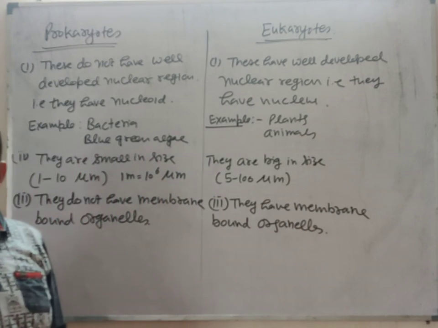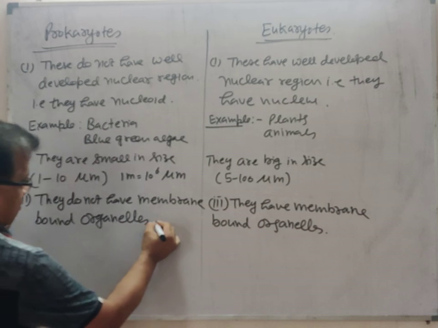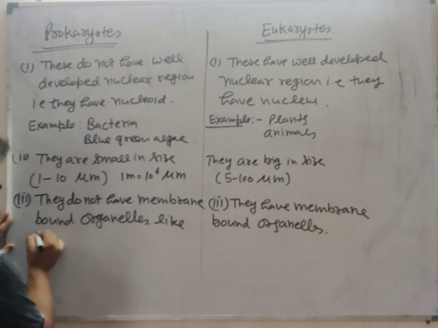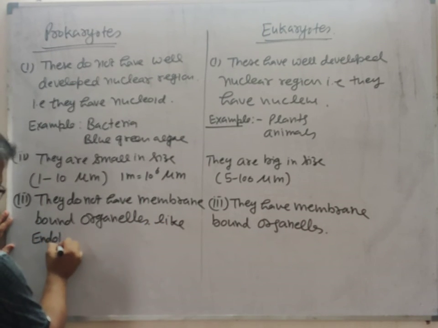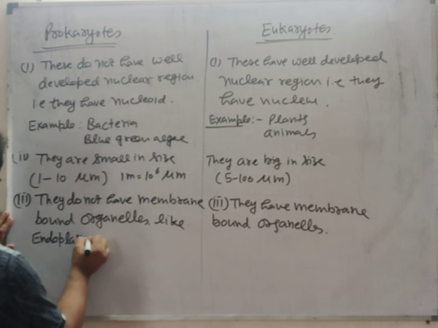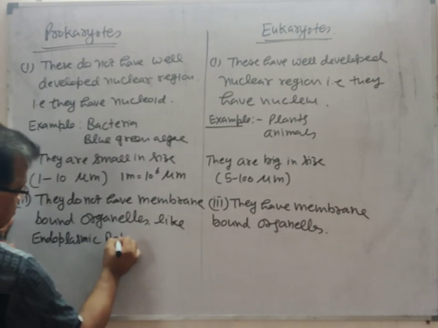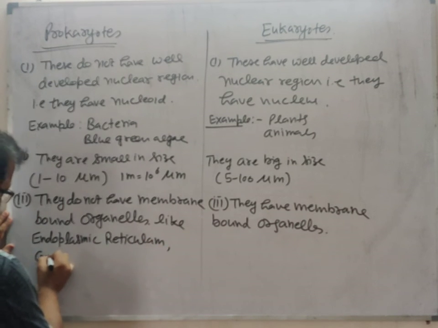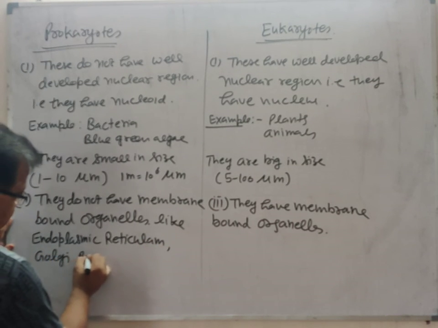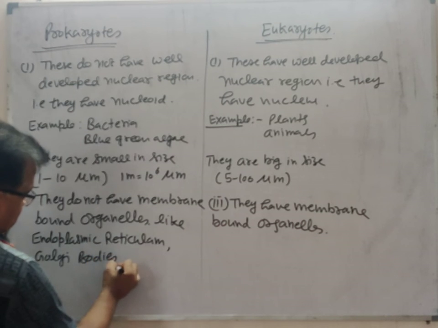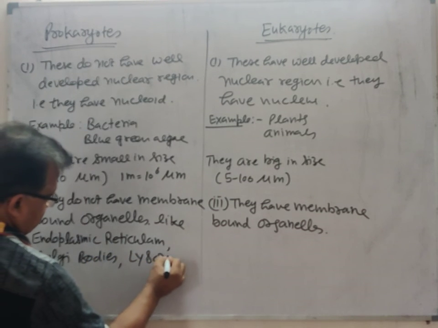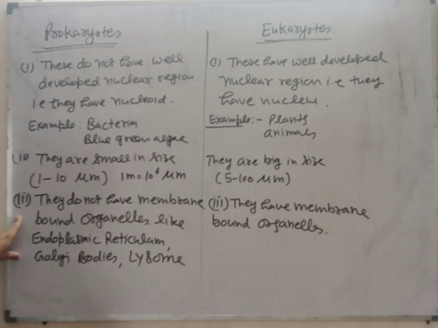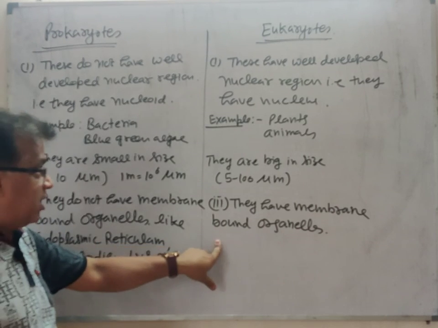Organelles which have membrane, like endoplasmic reticulum, Golgi bodies, lysosome. These are membrane bound organelles present in cell. So prokaryotic cell does not have this, eukaryotic cell has this.